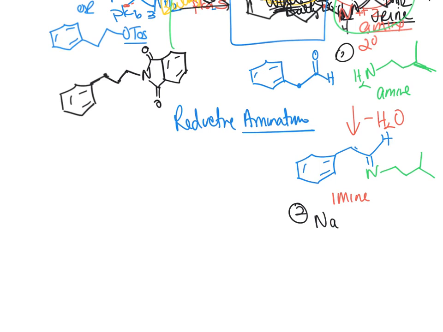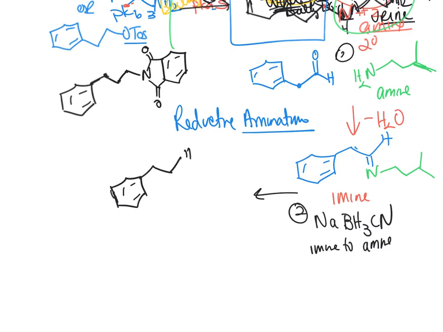And then the second thing you do, you have to use something like a mild reducing agent, sodium cyanoborohydride, and that will reduce the imine to the amine. And so that is a secondary amine. And you can make tertiary amines. This is pretty much the way you would do it.